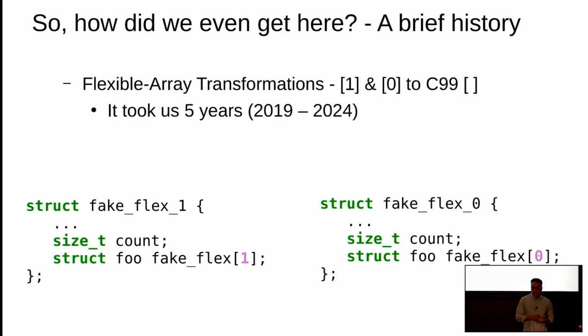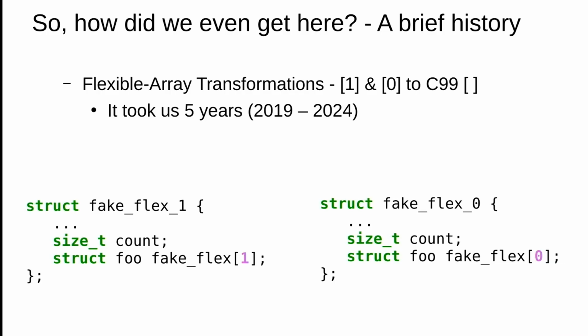Basically, before C99, the only option that people had to implement a flexible array was either using a one-element array or a zero-length array. Before C99, we didn't have proper flexible array members, so that was the option people had at the time.